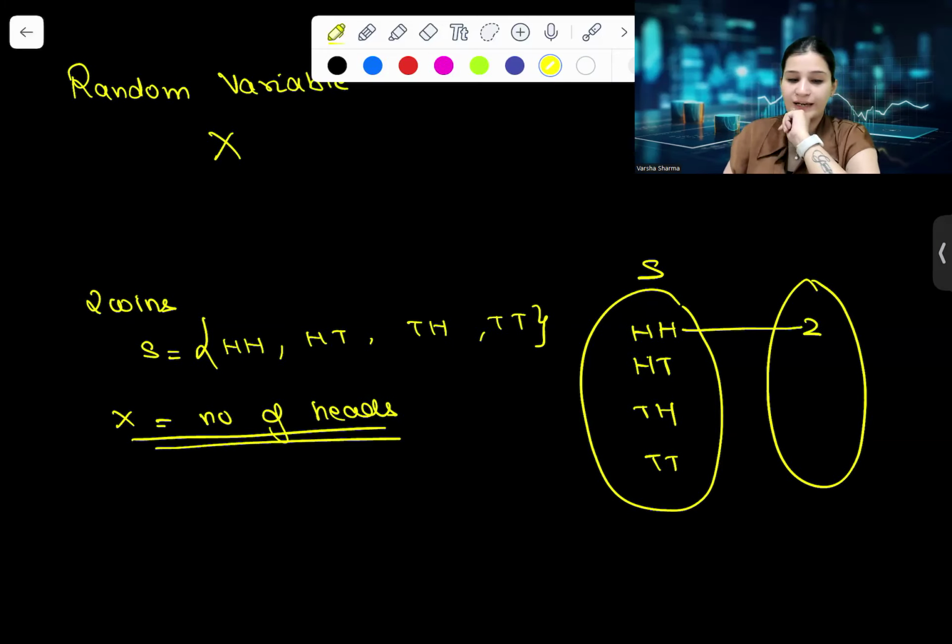Now, the box in which we write every value of X with its corresponding probability is known as a probability distribution, provided it satisfies two conditions. First, all the probabilities have to be non-negative, that is greater than or equal to 0. And second, the sum of the probabilities has to be 1. When both of these conditions are satisfied, we say that it is a probability distribution. Understood?